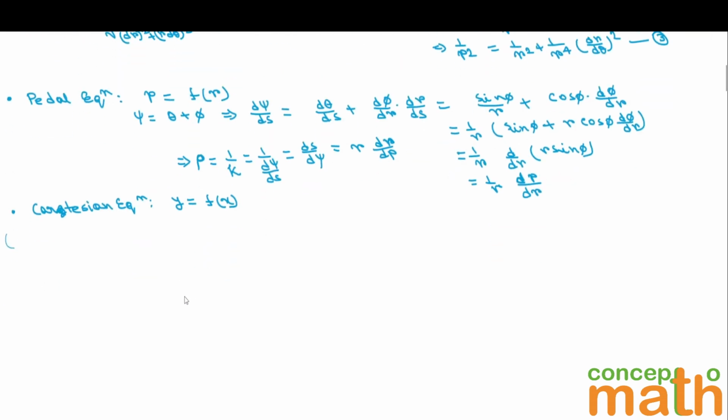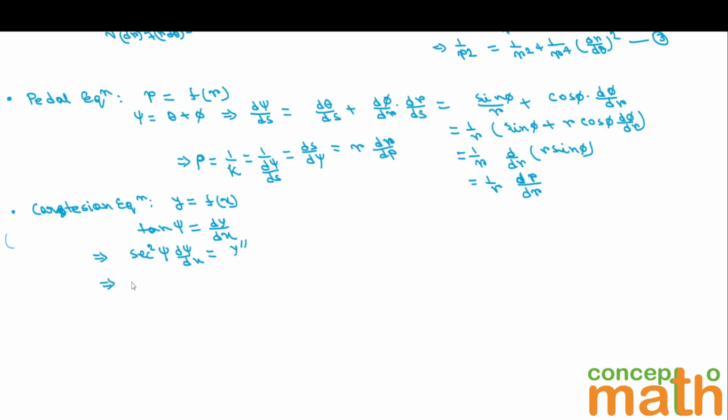So for this, what we know is that tan psi is equal to dy dx, right? From here, if we differentiate both sides with respect to x, what will we get? Sec square psi d psi dx, this will be y double dash, that is d2y dx square.